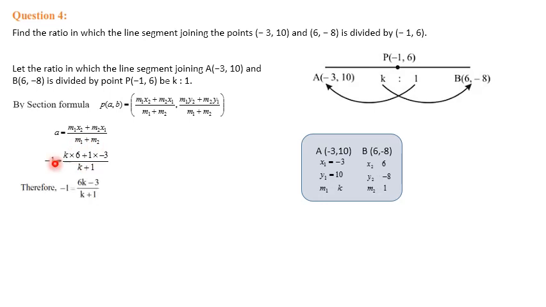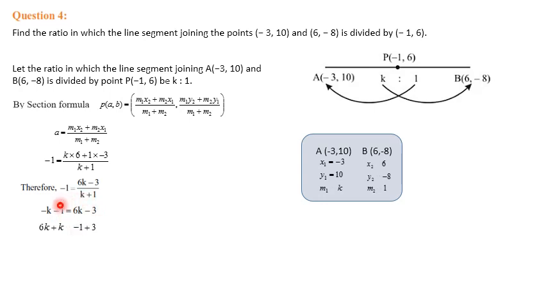Next, -1 is equal to 6 into k, that is 6k, plus 1 into -3, that is -3, by k plus 1. Cross multiply it: (k plus 1) into -1, that is -k minus 1, equal to 6k minus 3. Next, bring the coefficients of variables to one side: this -k I am bringing to the right side, so 6k plus k equal to, and -1 on the left side as it is.